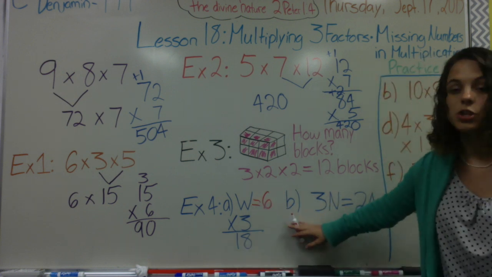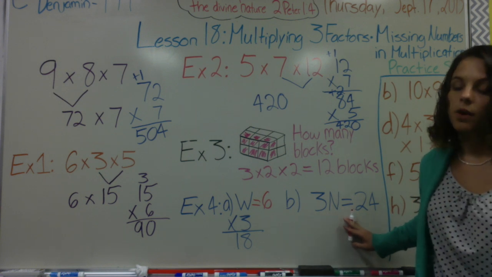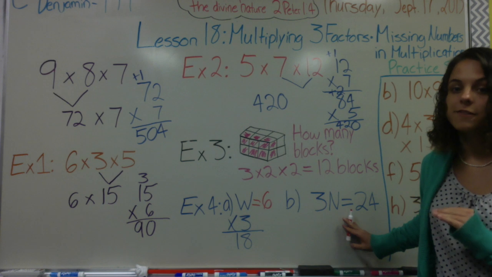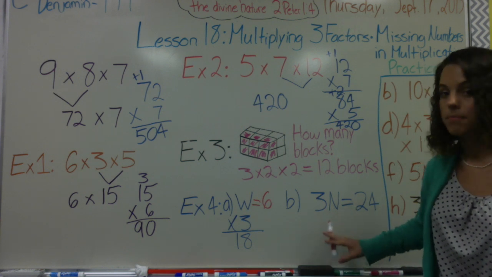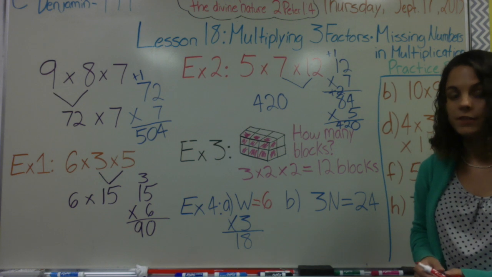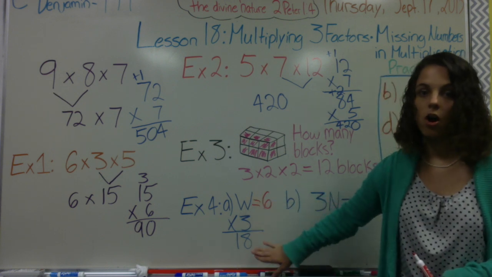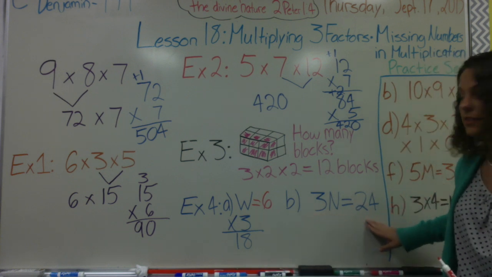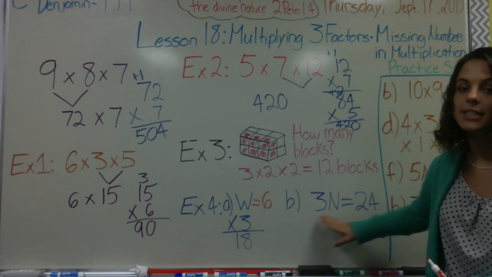Now letter B shows us another way missing numbers in multiplication problems look. This is actually very foundational for algebra, which is very important to remember. You won't often see this kind of problem. You're going to always start to see it like this: 3n, which means 3 times n.